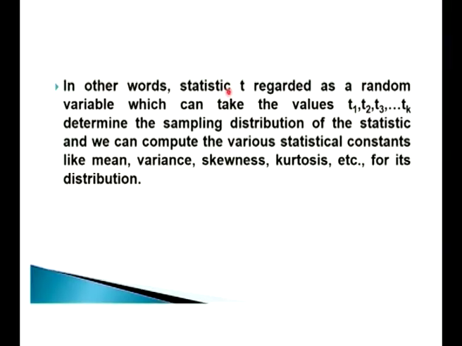Similarly, in sampling distribution, the statistic T regarded as a random variable will take the values T1, T2, T3, etc. up to Tk, and this random variable defines a distribution. That distribution is called the sampling distribution of the statistic.